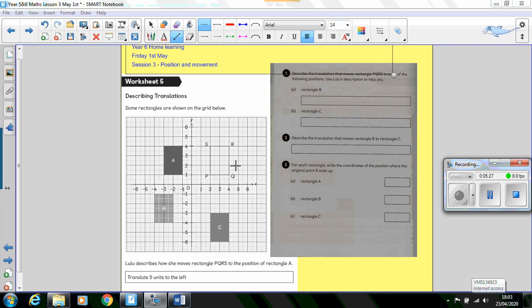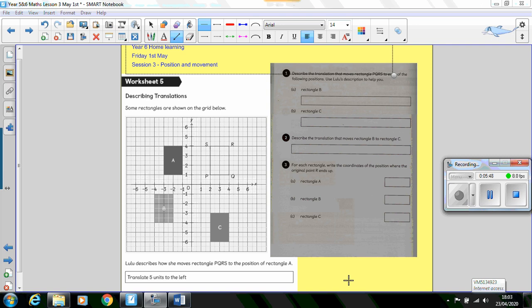And what you've got to do is describe how it's been moved in the style of Lulu's writing. So Lulu said that she's translated it 5 units to the left. And we can see that. So if we take point R, for example, it's moved 1, 2, 3, 4, 5 units to the left.